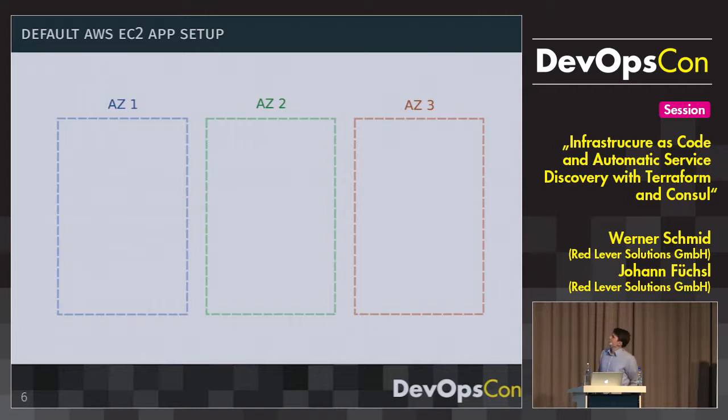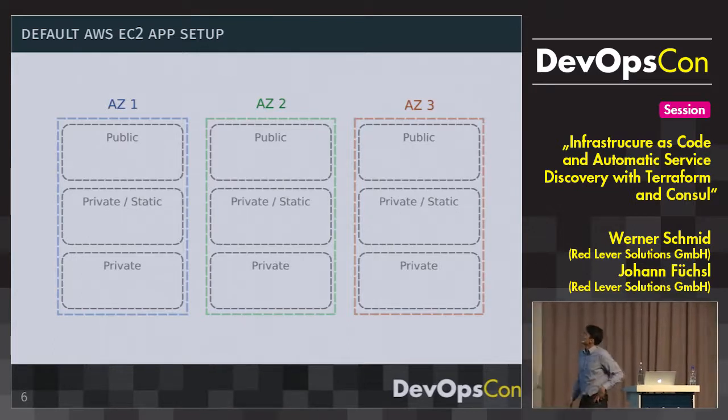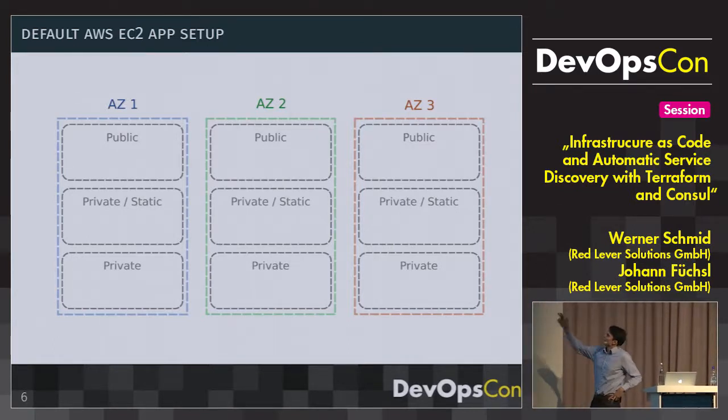This setup looks more or less like this. We are provisioning that in Ireland on AWS, where we have 3 availability zones. In each availability zone, we will have a public subnet and a private subnet.